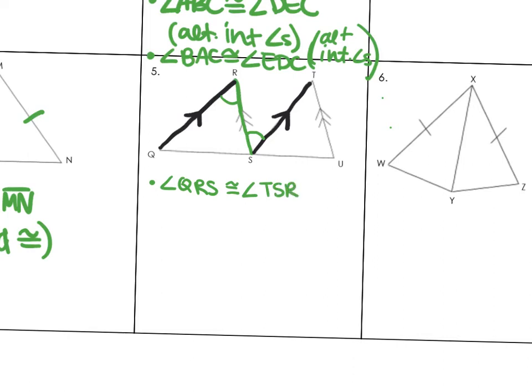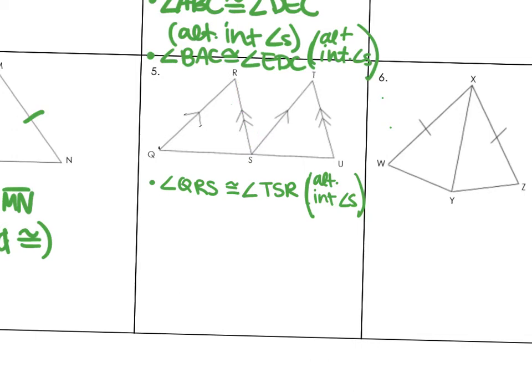And those would be alternate interior angles because they are within those two parallel lines, the QR and ST lines, and they're on opposite or alternate sides of the transversal, which is RS in this case. All right, so that's the first set we have there. I'm going to erase this off of here to show you.